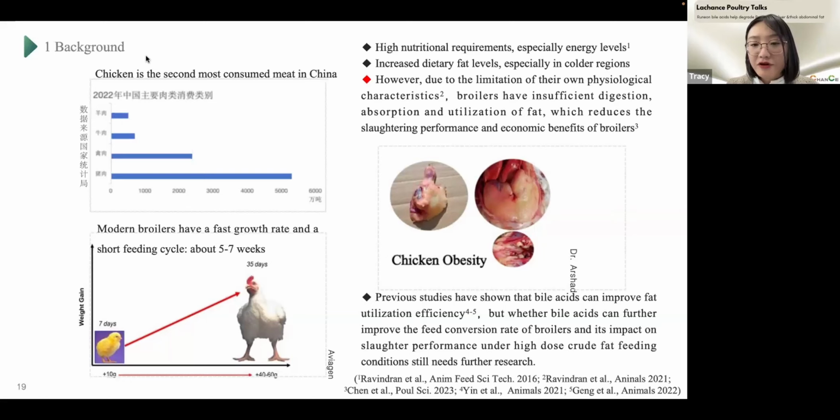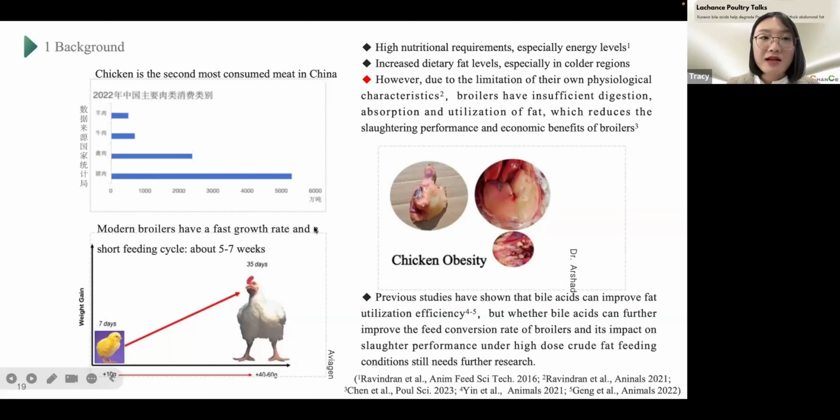Previous studies have shown that bile acids can improve fat utilization efficiency, but whether bile acids can further improve the feed conversion rate, I mean FCR, of broilers, and its impact on slaughter performance under high dose crude fat feeding conditions still needs research.